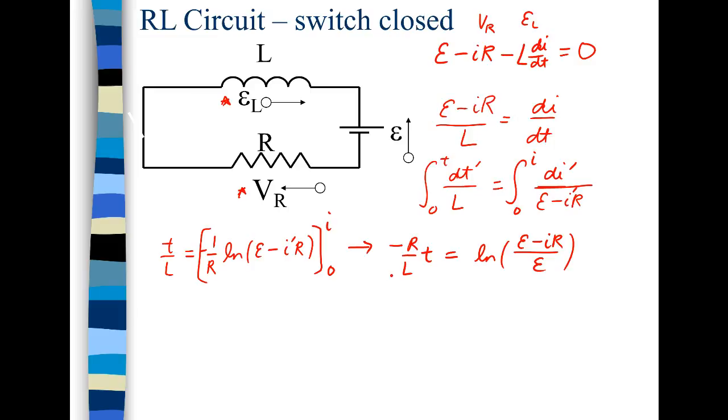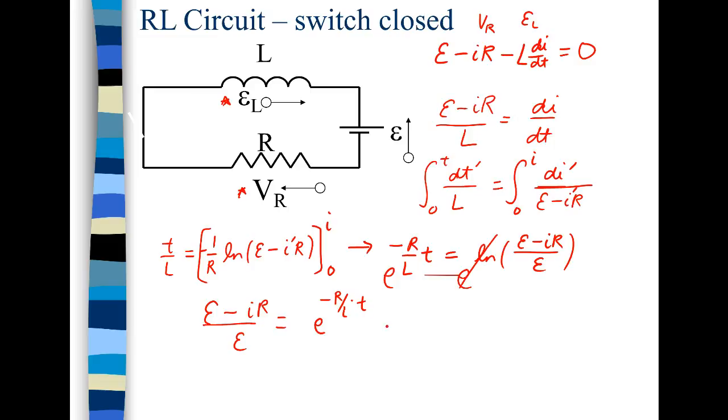So then the next step would be to exponentiate this. So this is where exponential decay comes from that we talked about last time. So I'll just write it like this: E minus IR all over E is equal to exponential to the minus R over L times t.